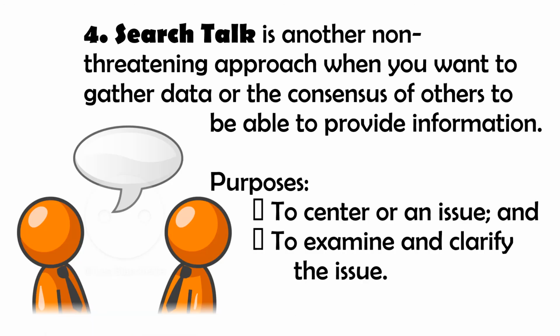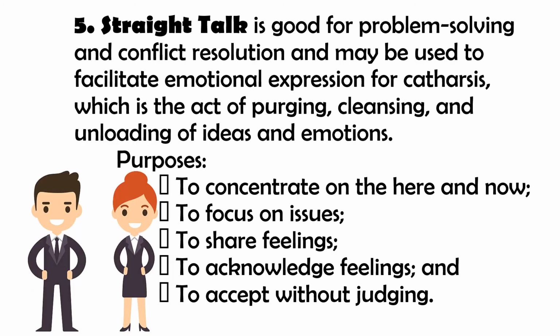Number 4 is the search talk. Search talk is another non-threatening approach when you want to gather data or the consensus of others to be able to provide information. The purpose of this is to center on an issue and to examine and clarify the issue. Number 5 is straight talk.